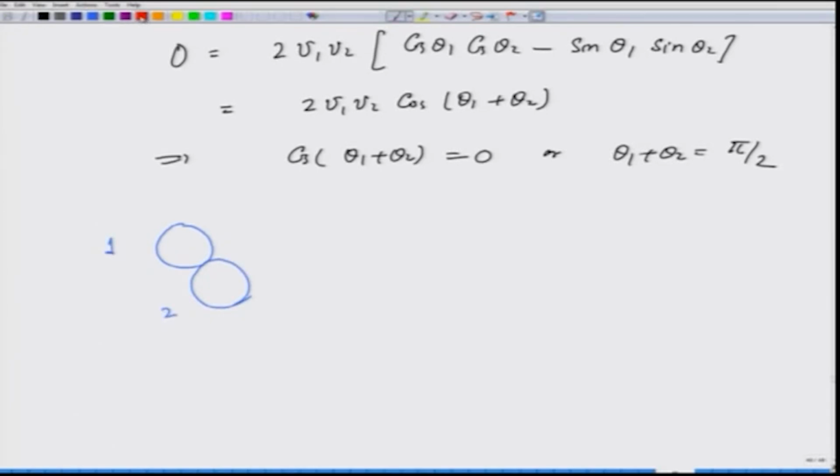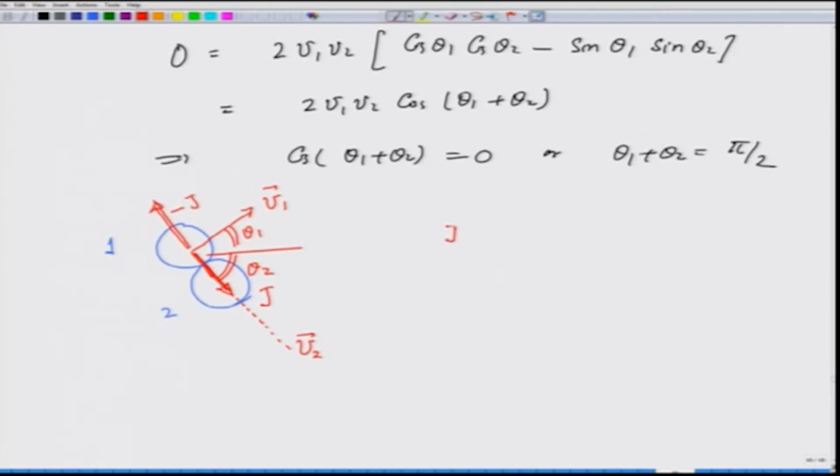And as I commented earlier, the impulse given to ball 2 is going to be in the direction in which it moves, which is at an angle theta 2 from the initial direction of ball 1, and ball 1 moves like this with velocity V1 at an angle theta 1, and ball 2 is moving with velocity V2 at angle theta 2. So, if the impulse is J, the impulse of ball 1 is going to be minus J.